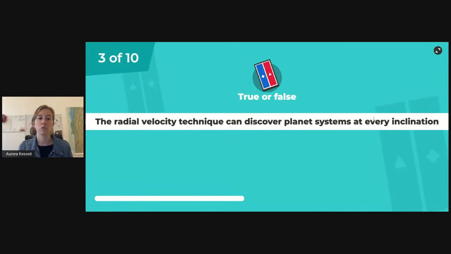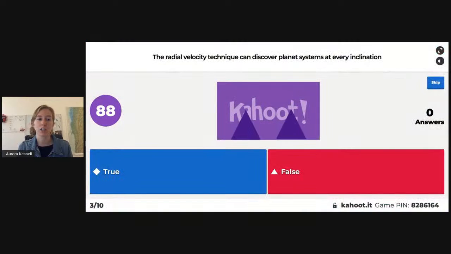Okay, true or false? The radial velocity technique can discover planet systems at every inclination.